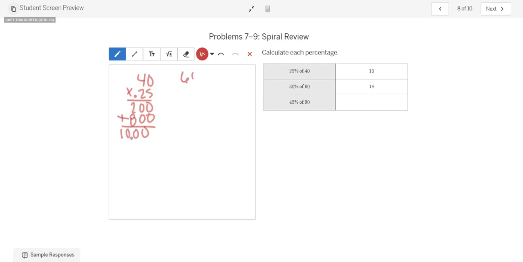Same with 60 times 0.30. I'm going to get 1800, and then 2 decimal places. But when I get to 45%, oops, 0.45 times 90, 5 is 450, and then I get 9 times 5 is 36.